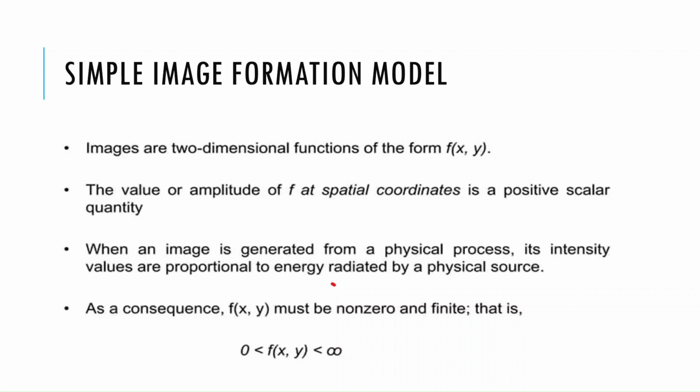That means the energy radiated from the physical source, or the object being captured to be processed as an image, is proportional to the quality of the image that can be processed. So the more energy received, the better the image quality. As a consequence, f(x, y) must be non-zero and finite, as seen in this expression.